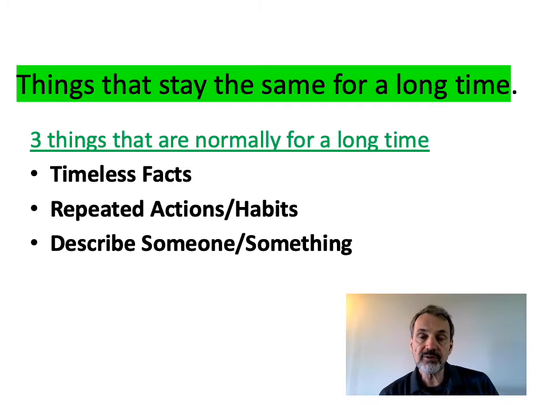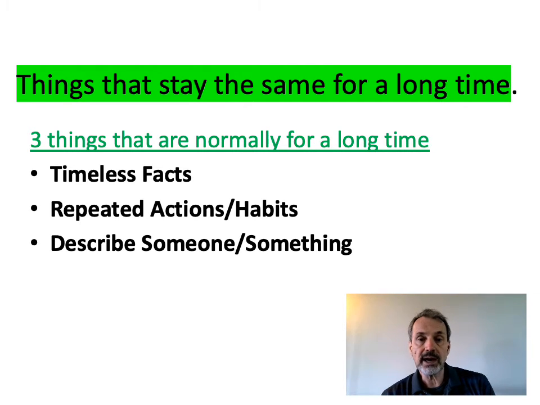Well, it is helpful to remember that the simple tenses past, present, and future are for things that stay the same for a long time, for general time. They are not for a limited time like a sand clock. They are for things that don't change much, the things that normally happen any time or anywhere.